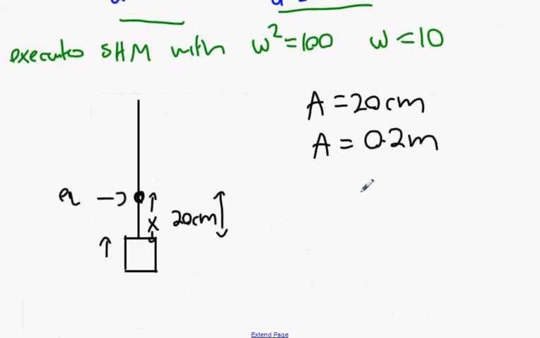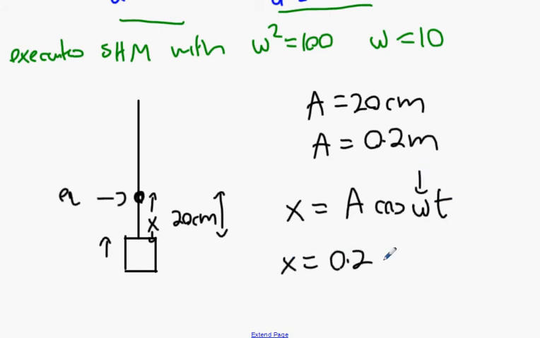Are we starting from the middle or the end, guys? The end. So it's a cosine function. It's A cos omega t. Now, x therefore equals 0.2 cos 10t. Now, does it give us a time?